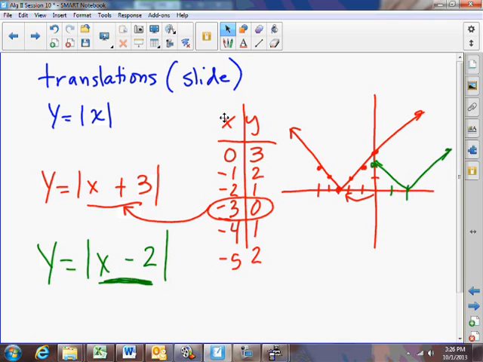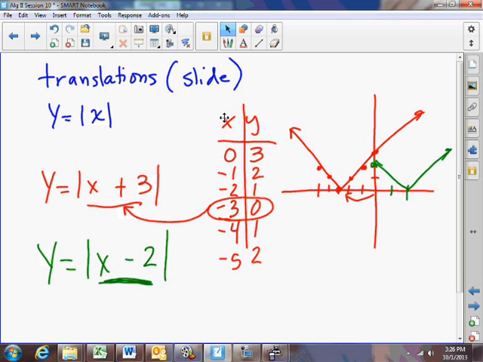Now, there's a couple of things that we're going to learn here. Number one, if you add or subtract to x before you perform the function, and you see the absolute value symbols, function symbols are symbols of grouping. In other words, they also mean do what's inside first. So in these cases, we're doing the add 3 or the minus 2, and then we're taking the absolute value.